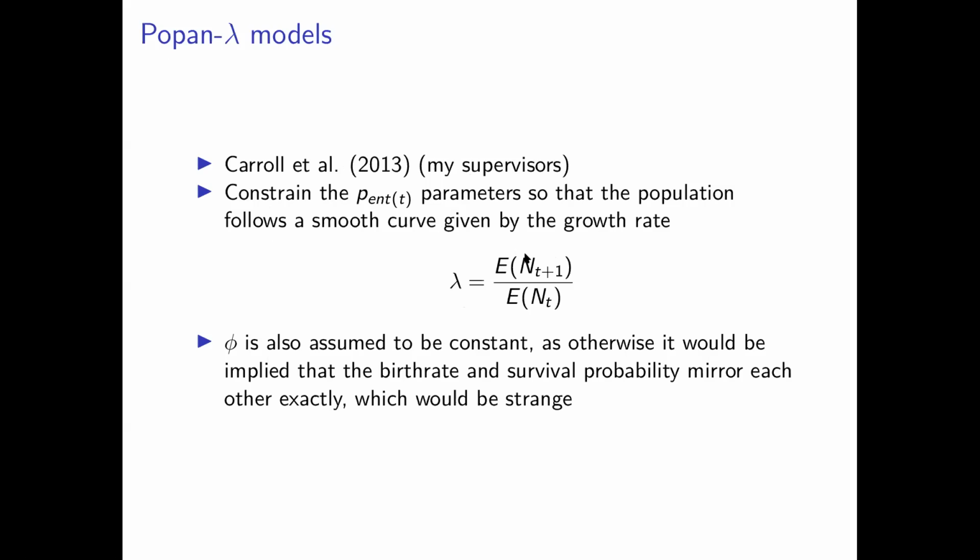So the fraction of the expected population at time t+1 divided by the expected population size at time t. So this is the factor by which the expected population size has grown from time t to time t+1.